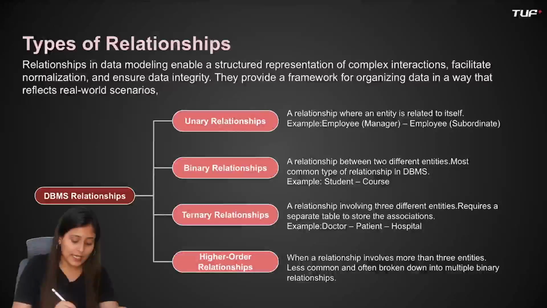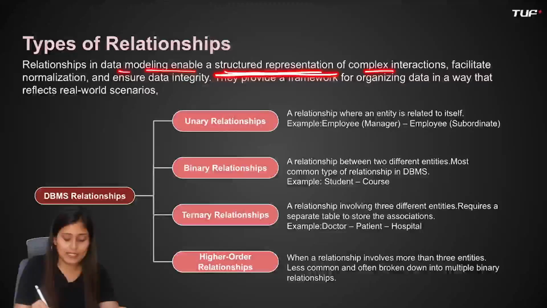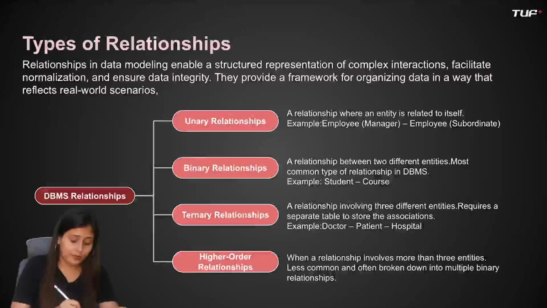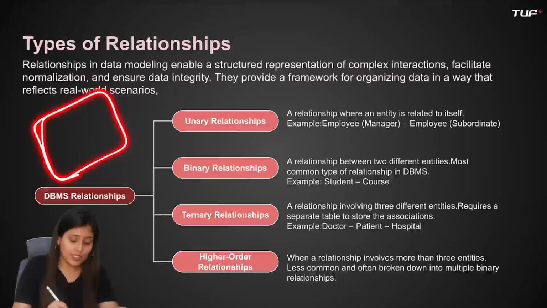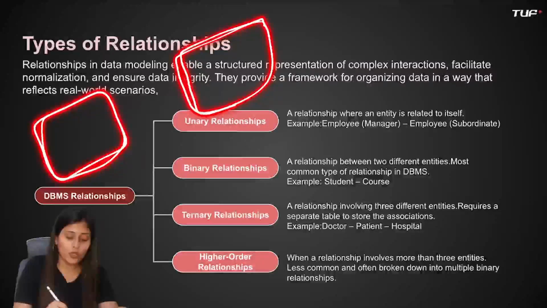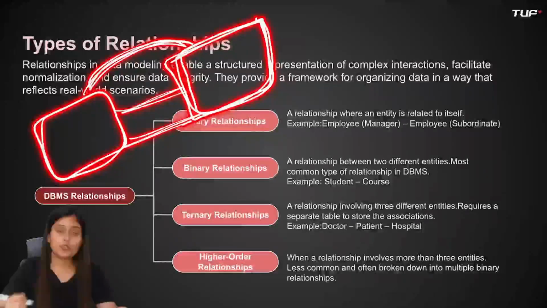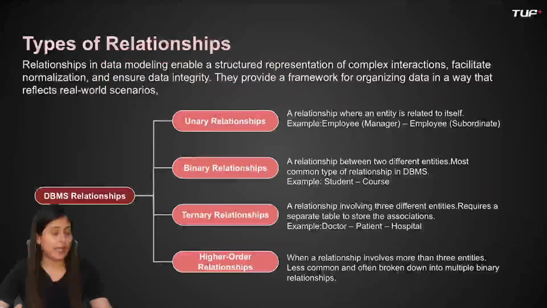So relationships in data modeling enable a structured representation of complex interactions. So why is relationship important? It is important when we are actually utilizing more complex tables, right? So to manage and present their structure in a good way, in a more simplified way, we need the relationship between those two or more entities.